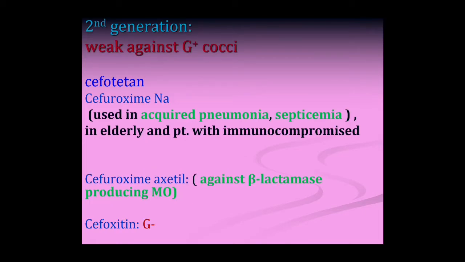Second generation has weak effect against gram-positive cocci. It includes cefotetan and cefuroxime sodium, which are effective in community-acquired pneumonia and septicemia, while cefuroxime axetil is effective against beta-lactamase-producing microorganisms. Cefoxitin is effective against gram-negative bacteria.